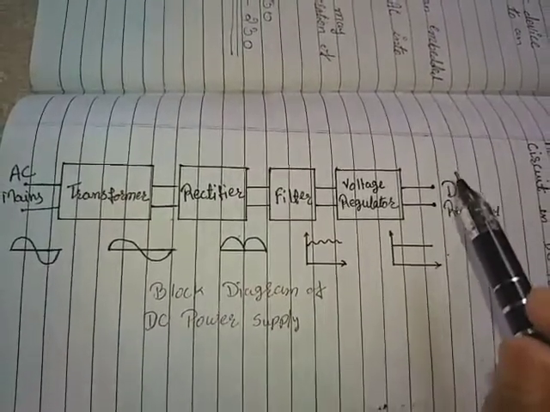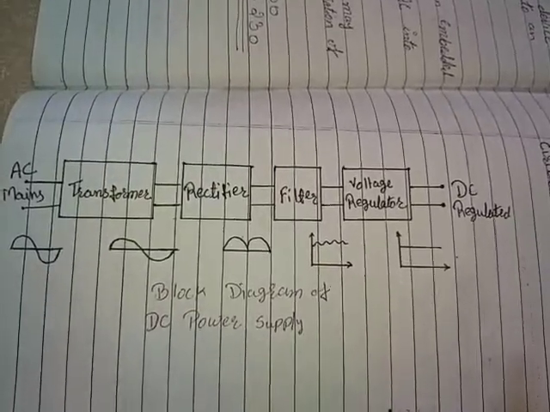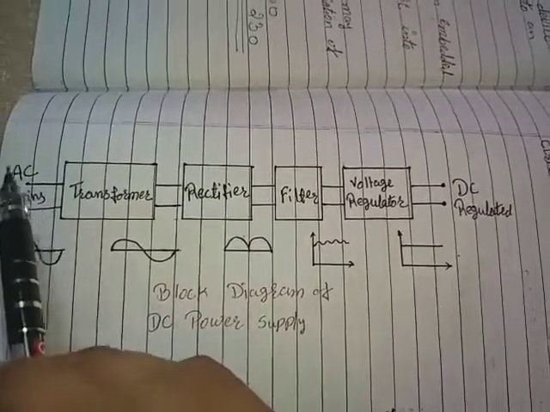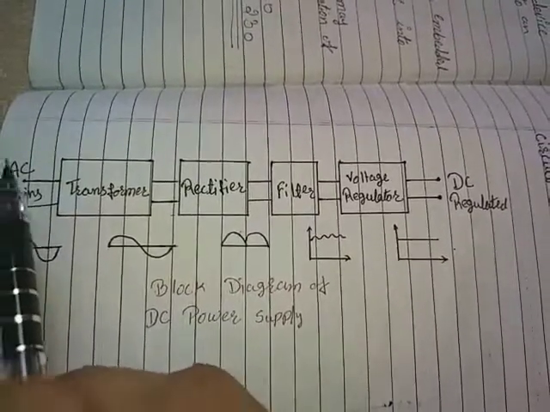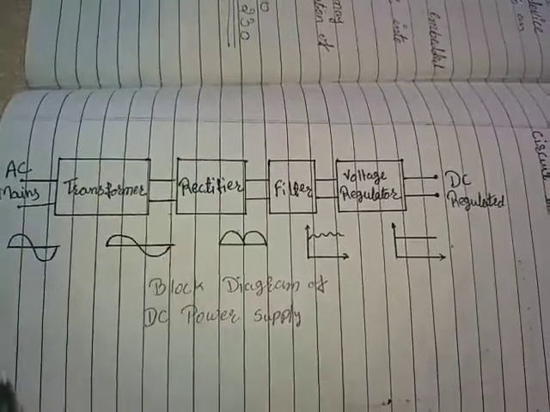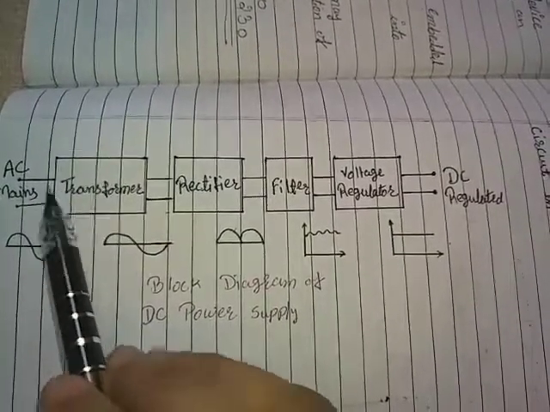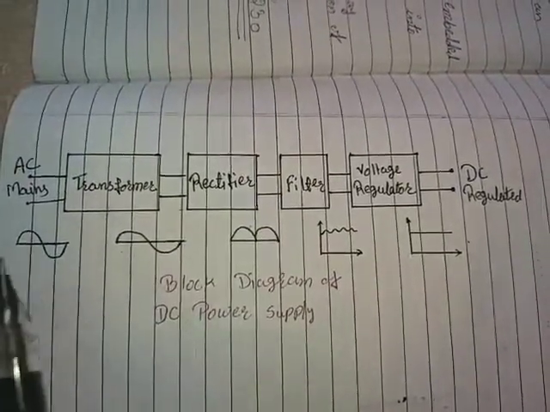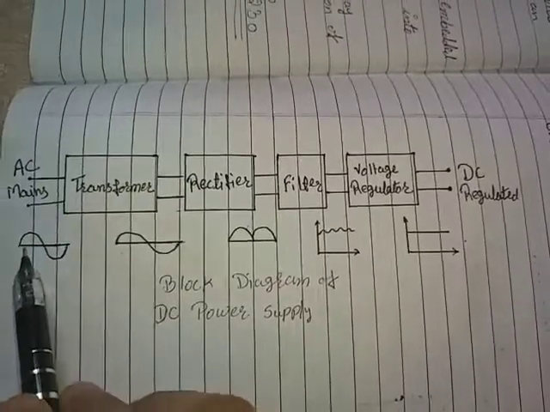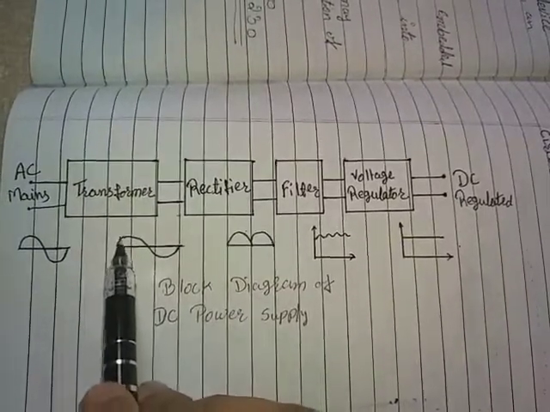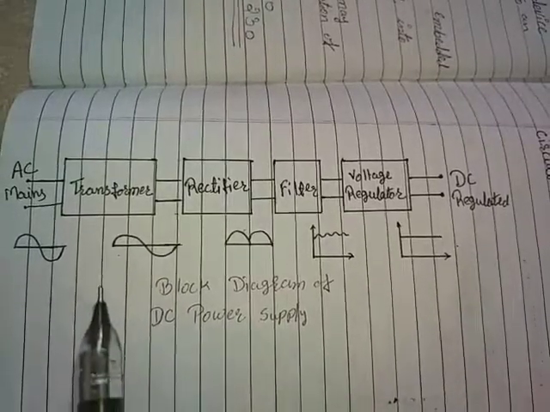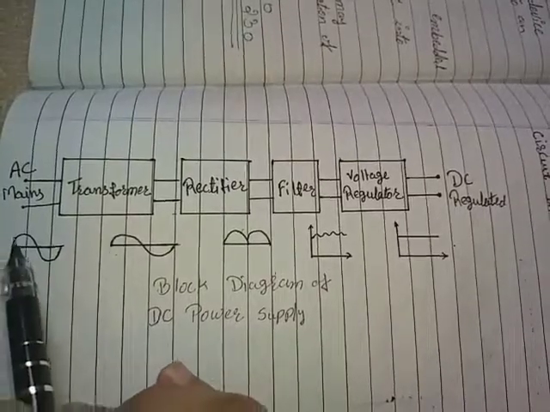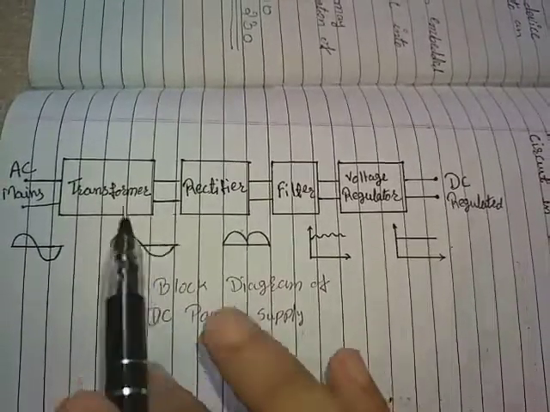For example, if I want 10 volt output, this transformer will convert 230, or we can say 240, into 10 volt. It only steps down the voltage. It will not convert AC into DC. That's why the input waveform is equivalent to the output of the transformer. Both are AC. The only difference is voltage. Here it was 230 volt, here it is 10 volt, for example.